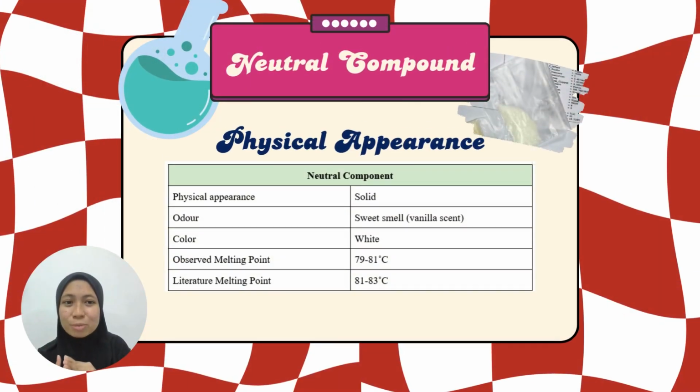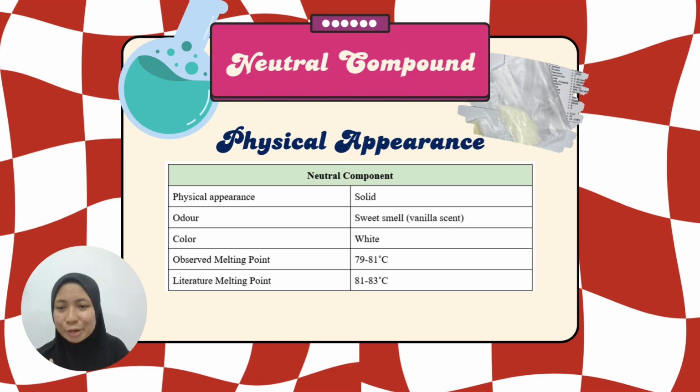So we began by observing the physical appearance of the neutral compound, which provided essential preliminary information about the compound. The first one we go through is the color. The neutral compound was white and it appeared as a crystalline solid, indicating a well-organized molecular structure. The odor of the compound is a sweet vanilla-like aroma, maybe a clue pointing toward a compound like vanillin, we don't know.